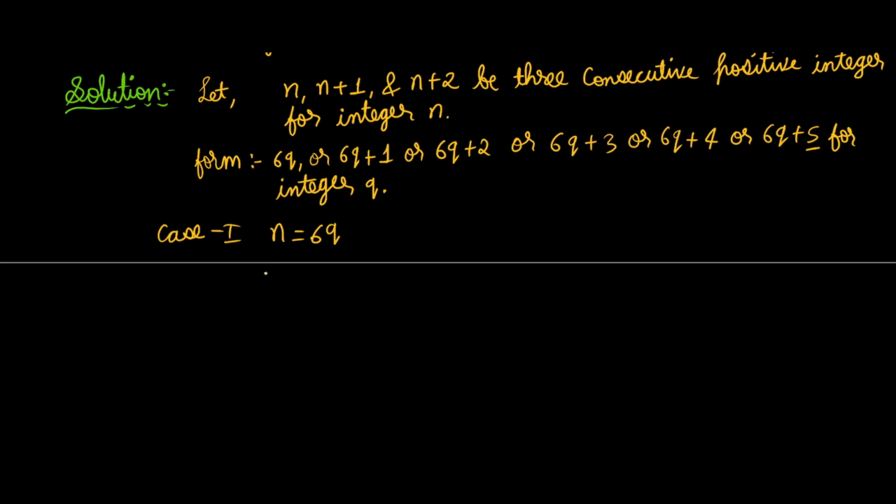So we will get n into n plus 1 into n plus 2 is equal to 6q, 6q plus 1, 6q plus 2. So we are getting the multiple of 6.